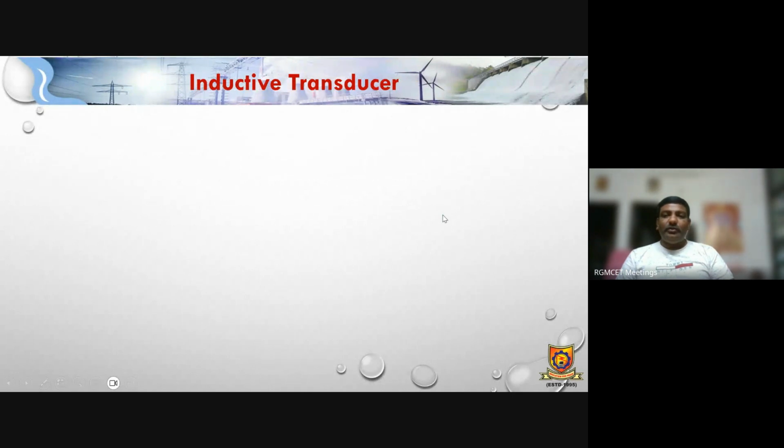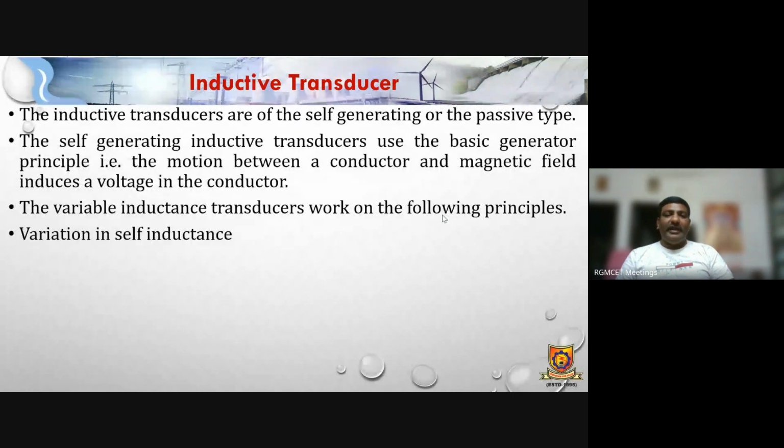Now coming to the inductive transducer, where we can have some variation of self-inductance and variation of mutual inductance. These are the two things we can have.